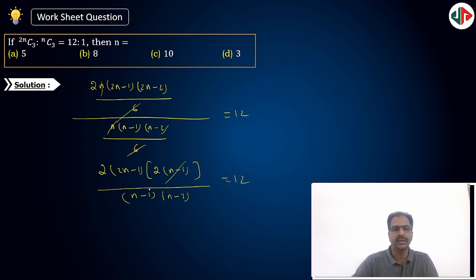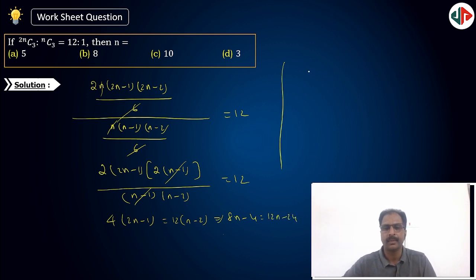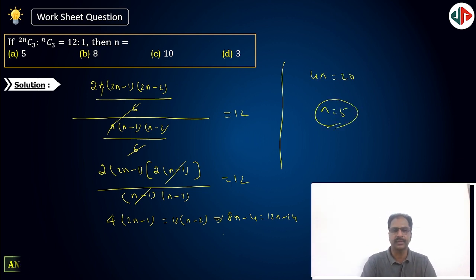Now we can cancel n minus 1. So what is left out? 4 into 2n minus 1 is equal to 12 into n minus 2. From this, 8n minus 4 is equal to 12n minus 24, or 4n is equal to 20, n is equal to 5. Option A.